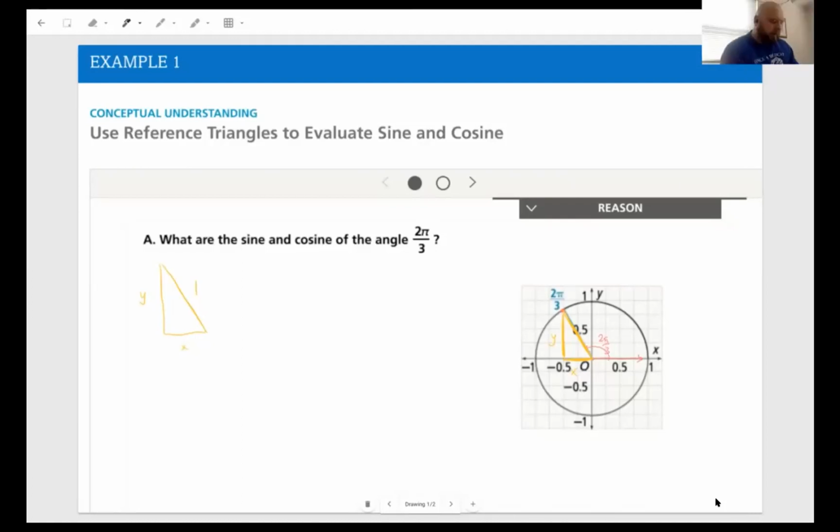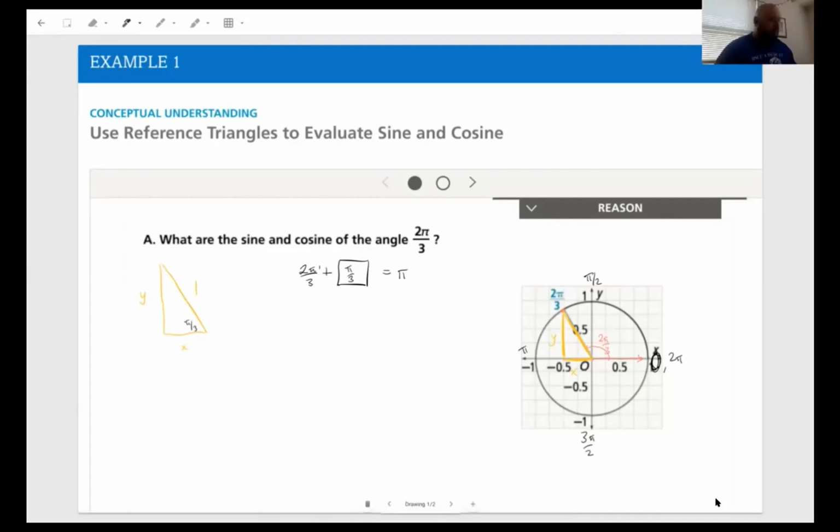So my angle of 2 pi over 3, what would I need to add to that to end up with just pi? Well, I have 2/3 of pi. Hopefully you can remember your fractions. These are really simple fractions. So hopefully you can remember that 2/3 plus 1/3 is going to give you a whole. So this reference angle in here is pi over 3.